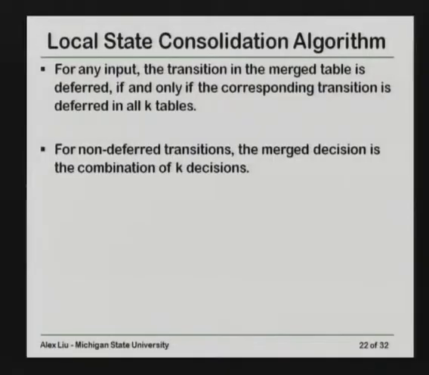So we have to make sure that if all these tables defer this transition, then we can really defer this transition. Otherwise, we have to pull it back. For non-deferred transitions, the merging is very simple. The decision is the combination of the K decisions. So the local state consolidation algorithm is pretty simple.